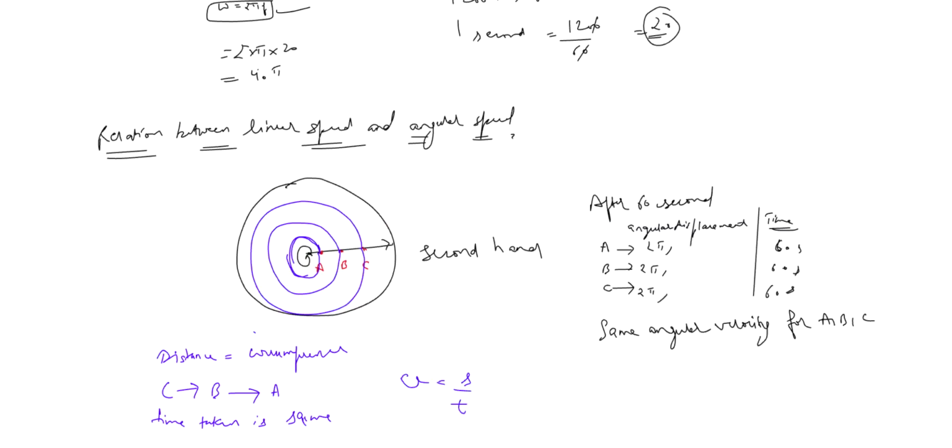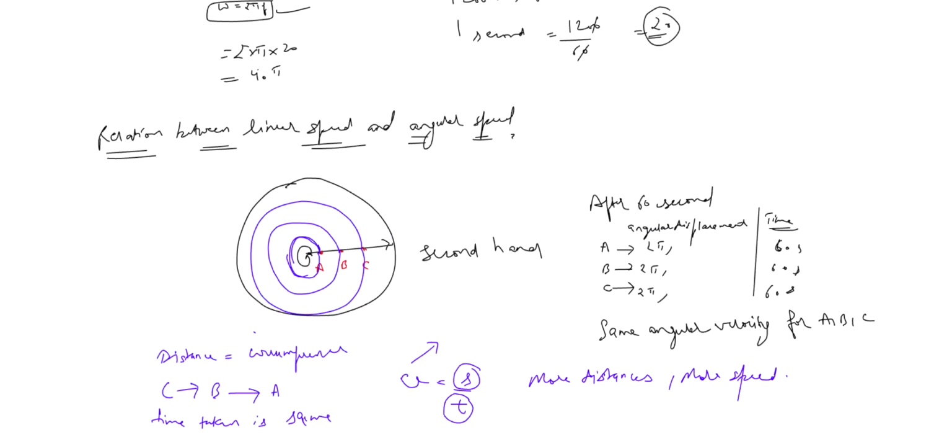When time is the same, the particle which is covering more distance in the same time is moving fastest. This means the particle covering more distance in the same time is moving faster than the particle covering less distance.